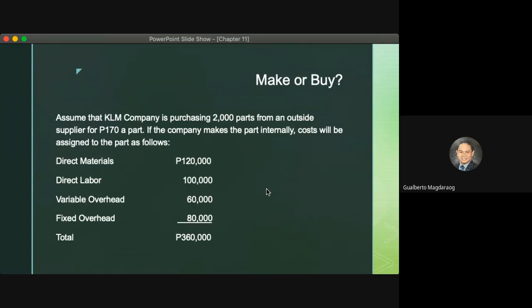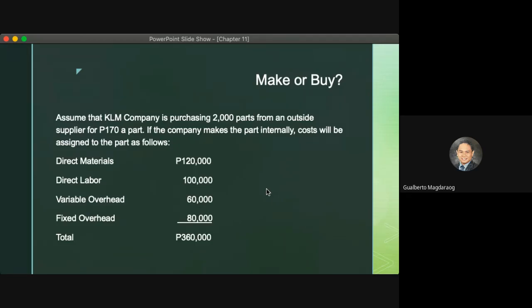Unlike buying it outside, which is 340,000. Okay, so that is an incremental approach. Hindi mo siya tinotal, hindi mo kinompute muna yung magiging total sales, revenue, and expenses, and then effect on net income. Okay.